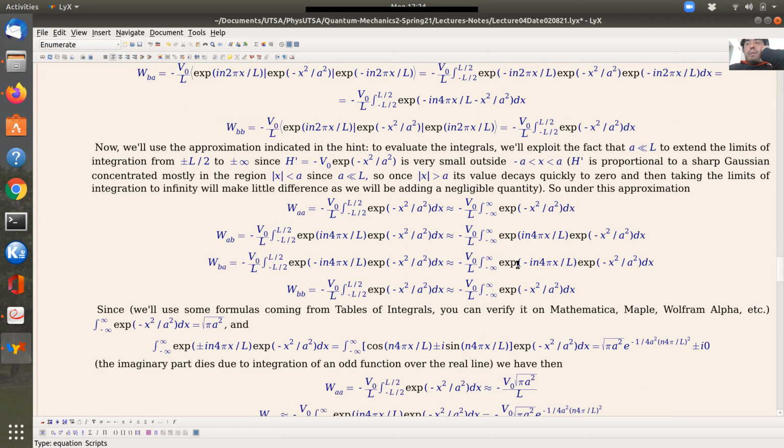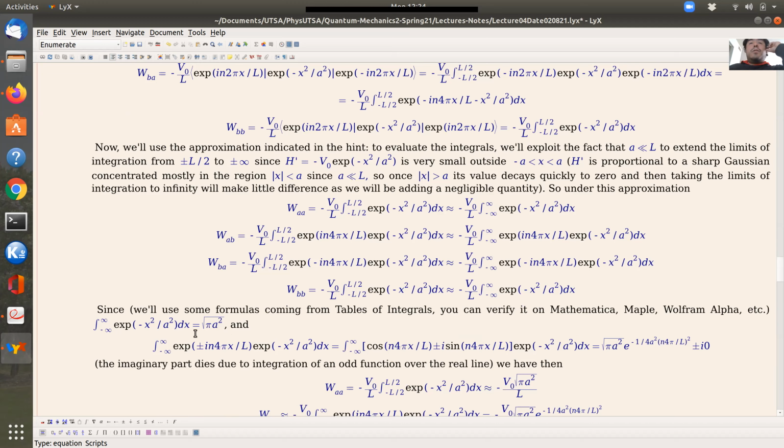These integrals are usually seen in a course on methods of mathematical physics. If you want to verify them, you can find them in a table of integrals or in symbolic computing software such as Mathematica, Maple, Wolfram Alpha, your software of choice.